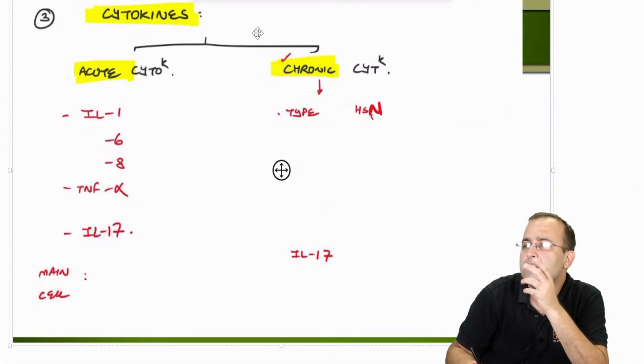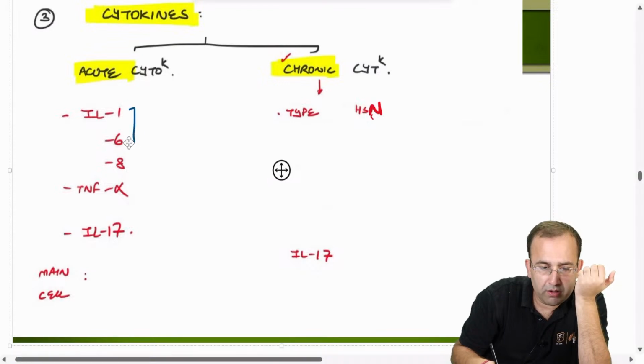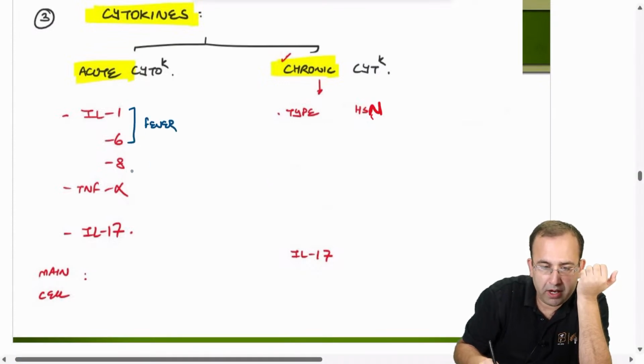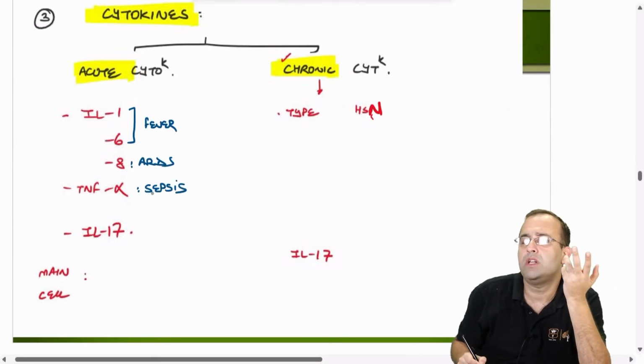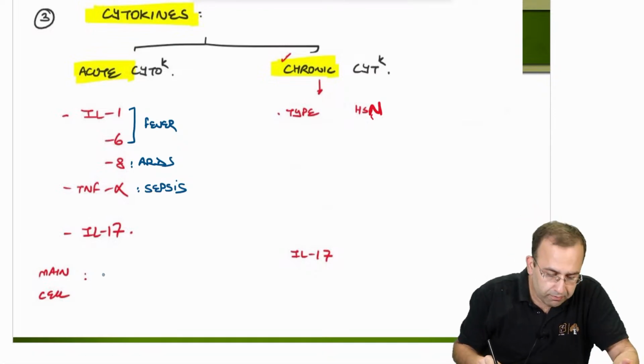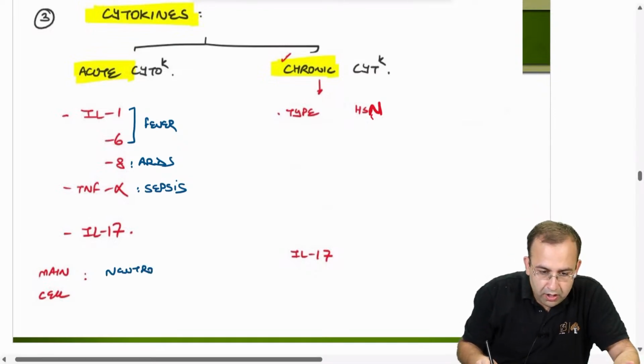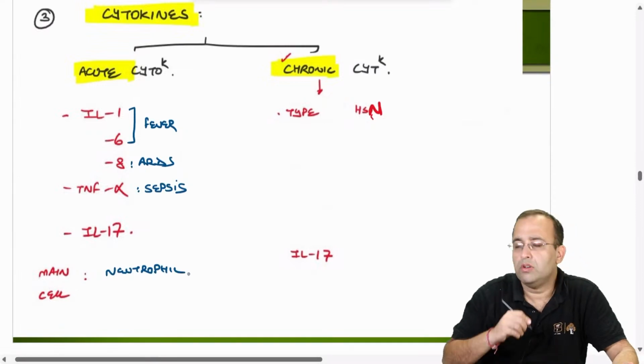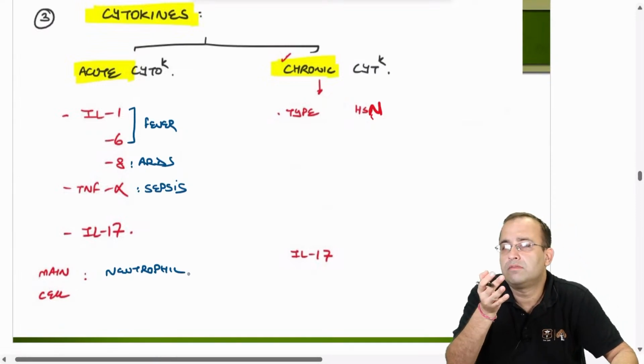Acute cytokines cause fever and sepsis: interleukin 1 and 6 fever, interleukin 8 ARDS, TNF alpha sepsis. Which is the main cell of acute inflammation? Neutrophil. So acute cytokines play a role in neutrophil activation.